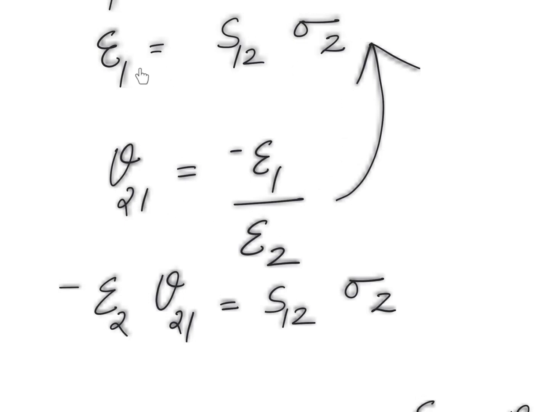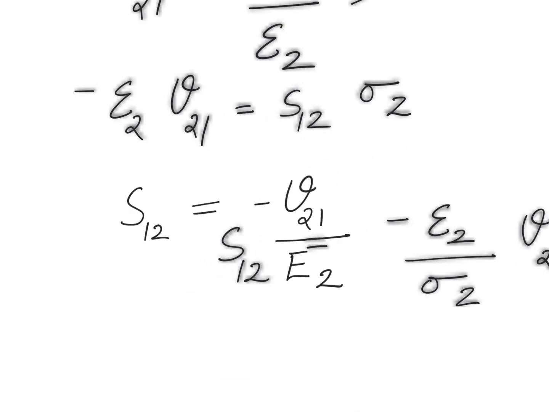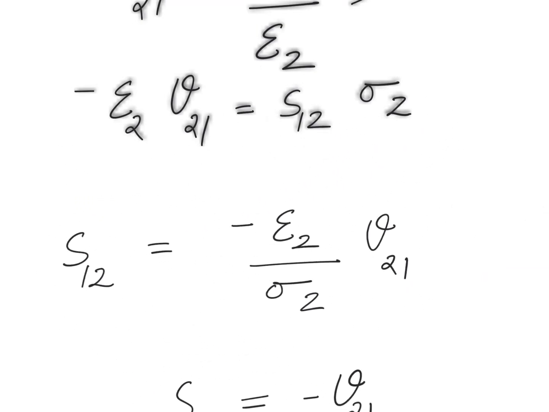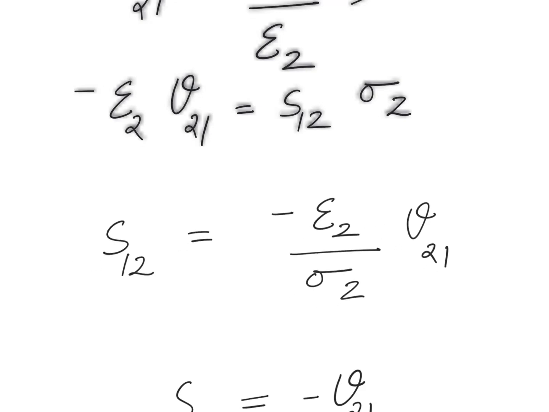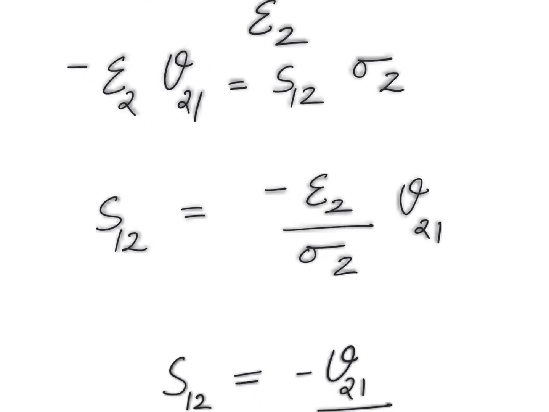Substituting it back here, I end up with this. Doing a little cranking of the mathematical wheel, I am just rearranging the equations. Now what is epsilon 2 divided by sigma 2 when sigma 2 alone is applied?